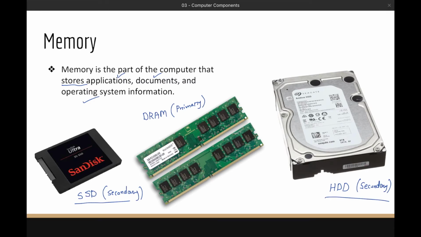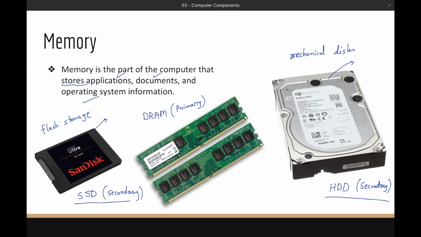So HDDs use mechanical disks to store data, whereas SSDs use flash storage. So these are more vulnerable to damage if you shake them too much or drop them, whereas these are not prone to such vulnerabilities.